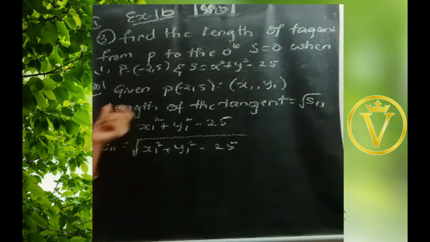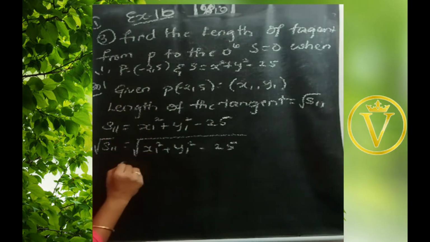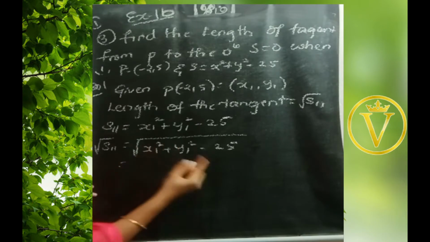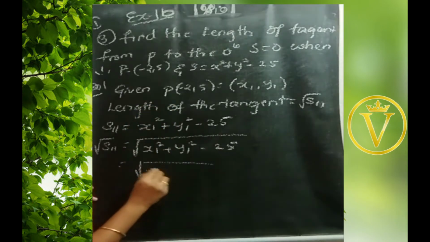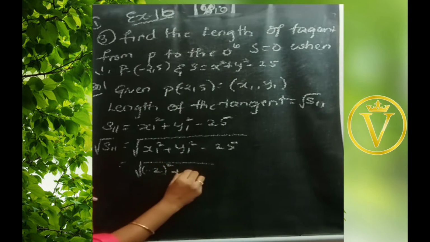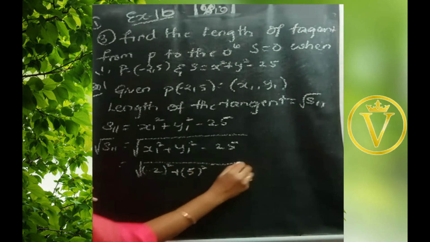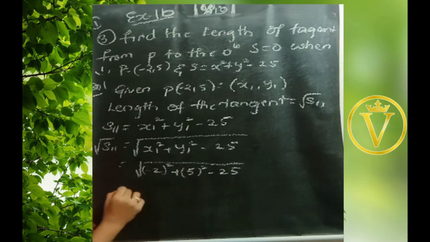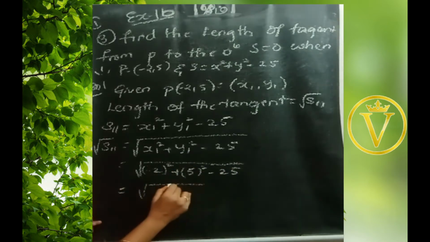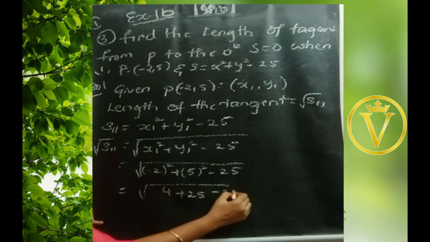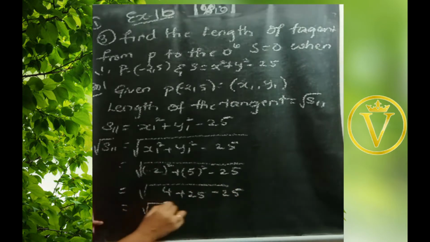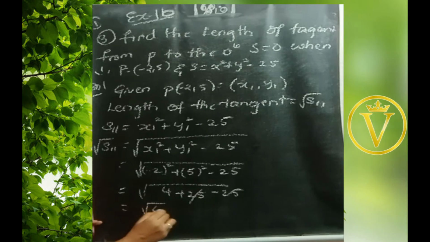Now substitute the points in place of x1 and y1. So x1 value is minus 2 whole square plus 5 whole square minus 25. So root of 4 plus 25 minus 25, the 25s get cancelled, root 4 equals 2.